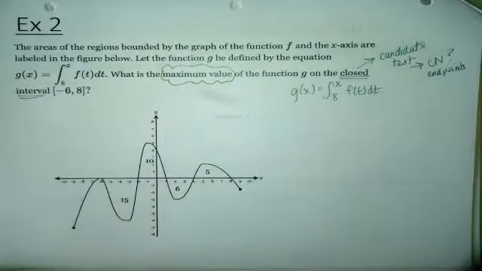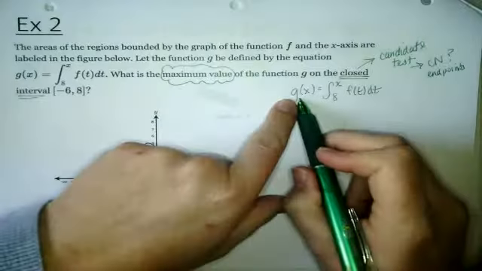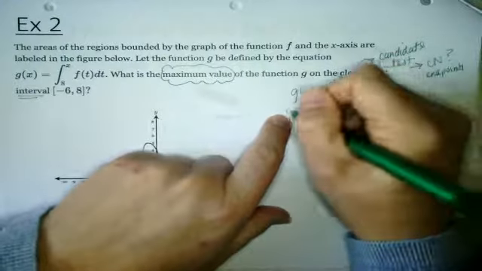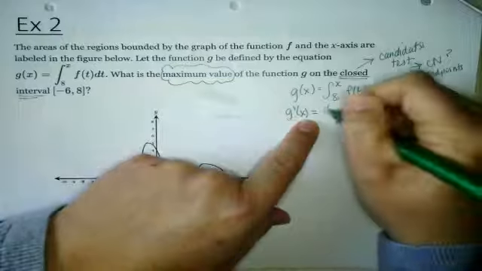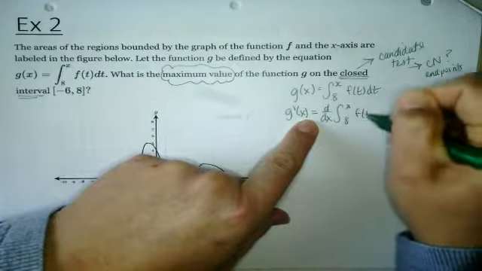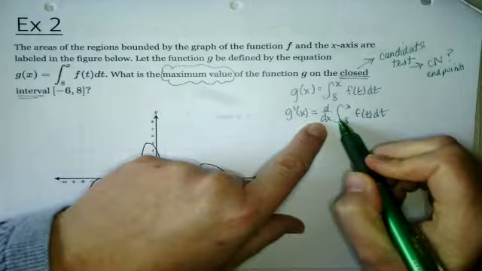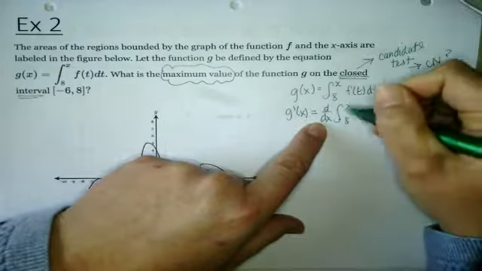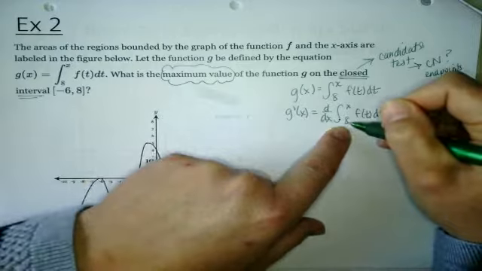So to find critical numbers, I need the derivative function. So the derivative of g of x would just be the derivative of this integral function. Well, the derivative and the integral cancel each other out. And remember, when we take the derivative of the constant, it would end up being 0.